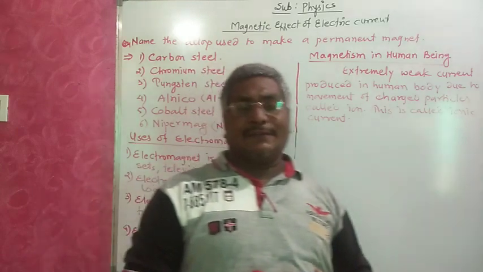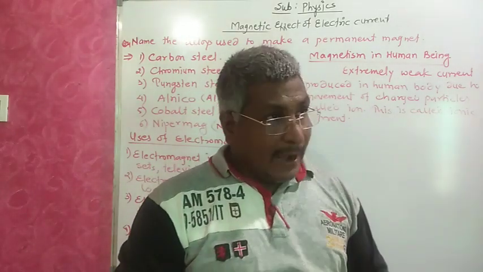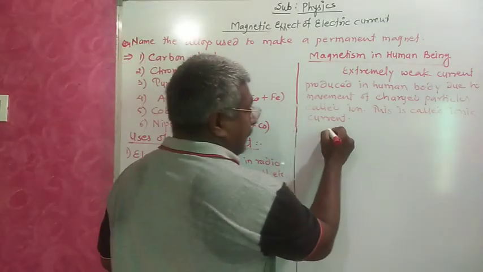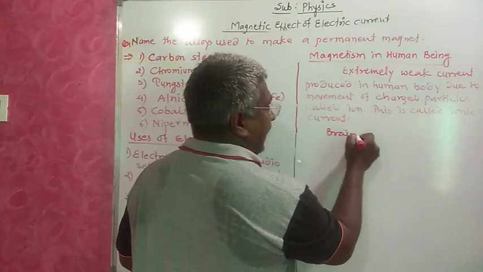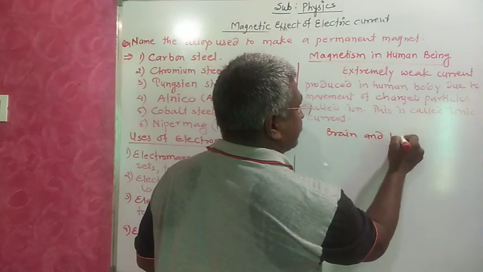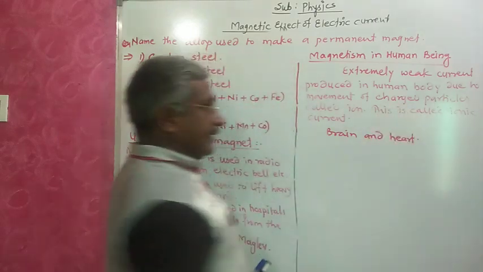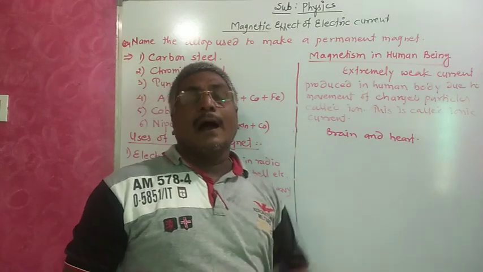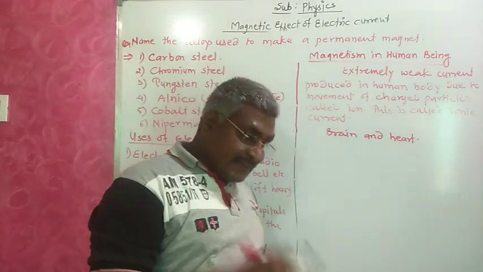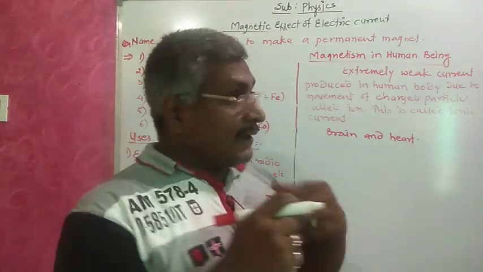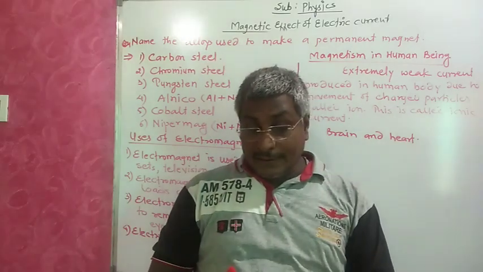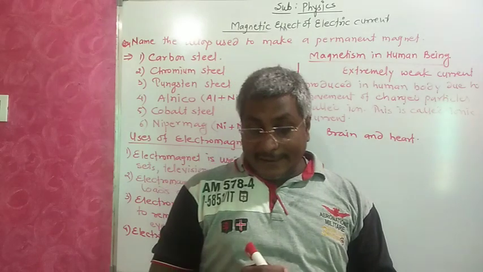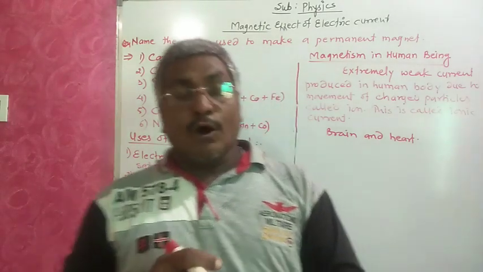And especially in which organs is it produced? The brain and heart.